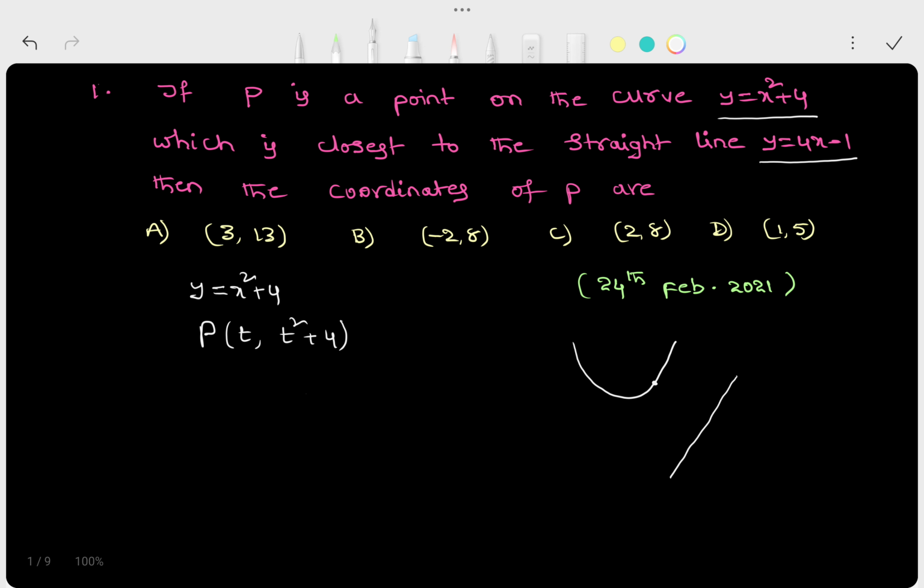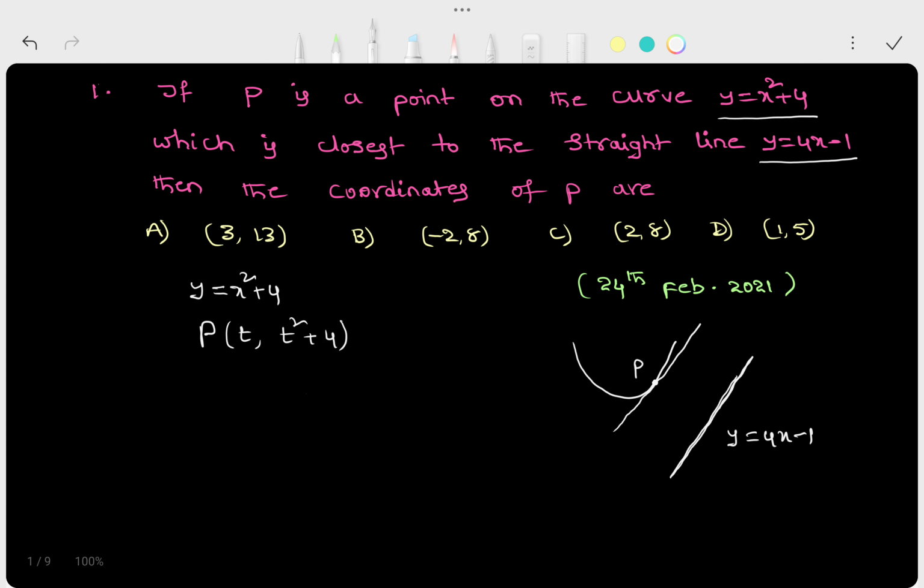Now the point p always lies on the given curve. You draw the tangent at this point, and this tangent is parallel to the given line, y equals 4x minus 1.